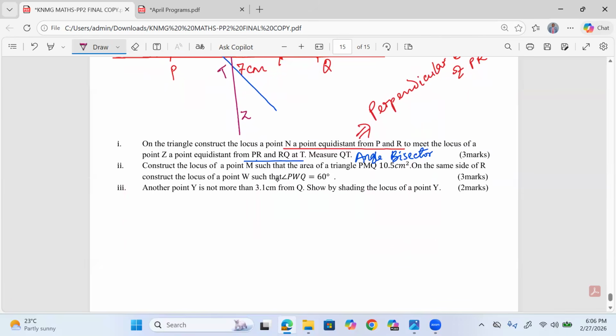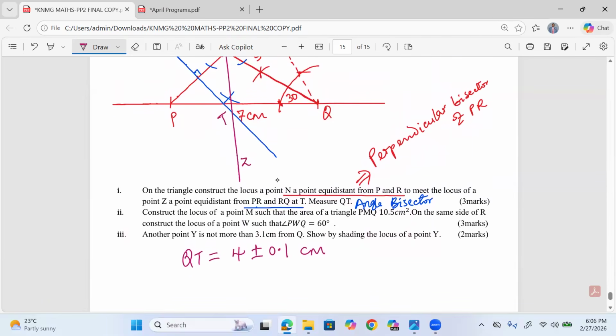So Q to T is exactly 4 centimeters. So you can have 4 plus or minus 0.1 centimeters. The people with 3.9, others 4.1, we shall consider them after measuring that.